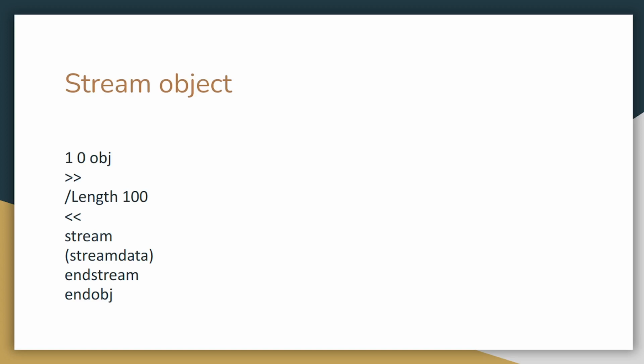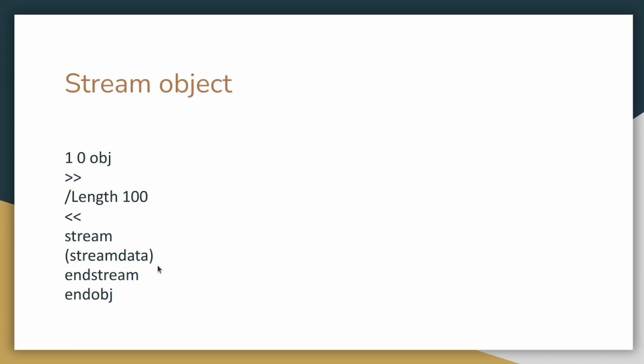Next we have the stream object, which we have already covered before. The basic idea about a stream object is that we can write images, encoded text or any objects inside with the help of stream objects. The stream object requires the length. The length is mandatory in case of stream objects. As you can see on the screen, this is the basic structure of a stream object. The stream data is actually binary data.